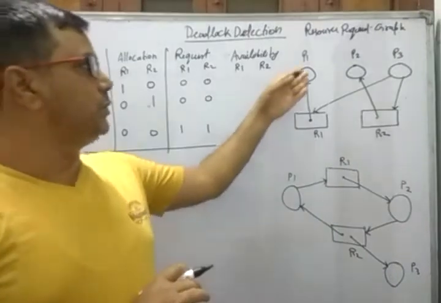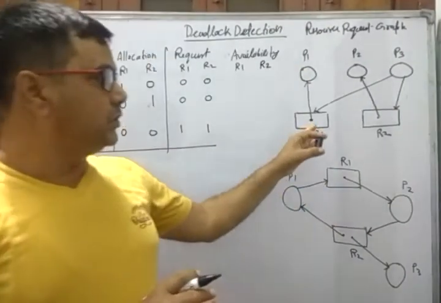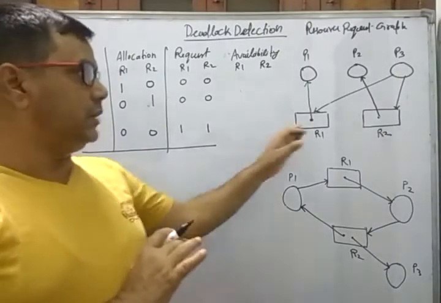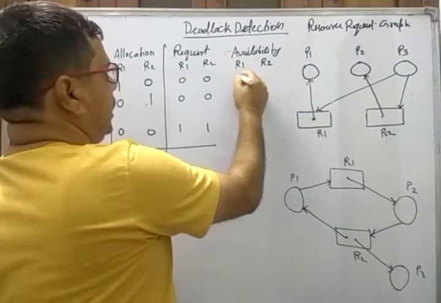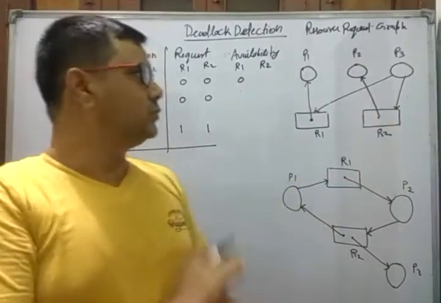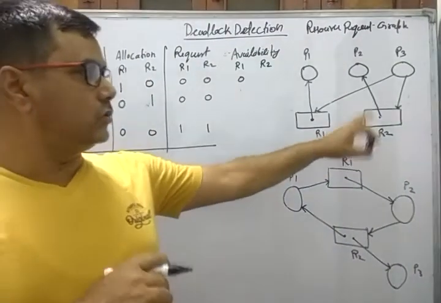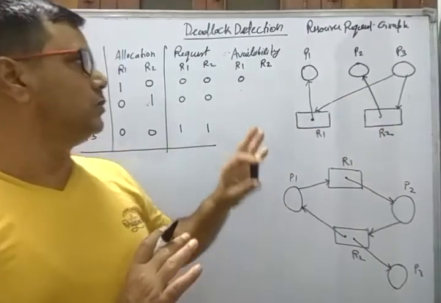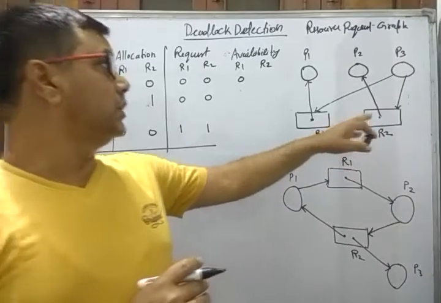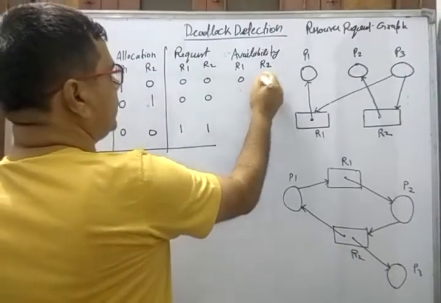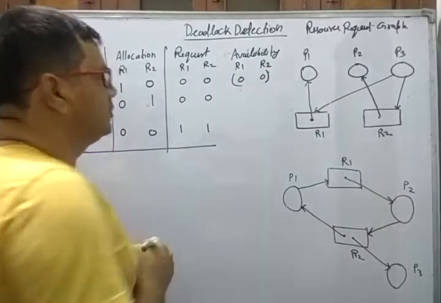It is assigned to P1, and it means no other process is assigned to R1. So R1 availability is 0. Look here, R2. Resource R2 is assigned to the process P2. There is a single instance of R2. That means there is no available instance of R2. Availability: R1, R2.